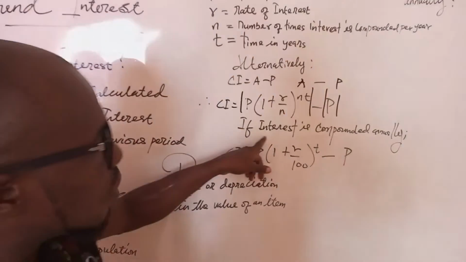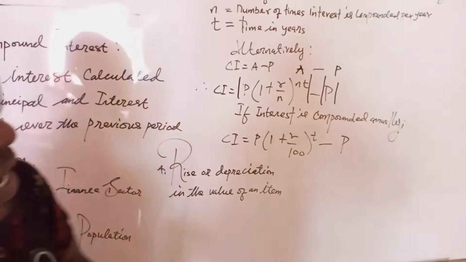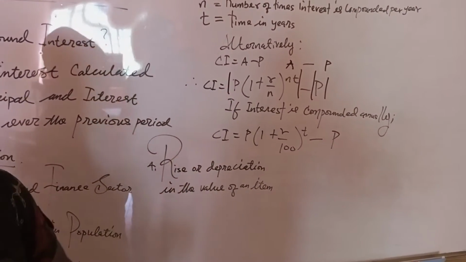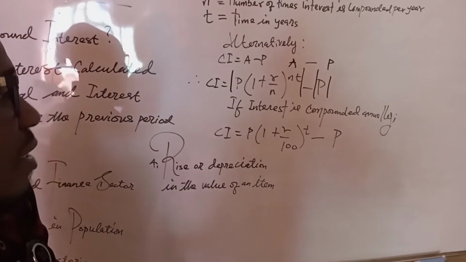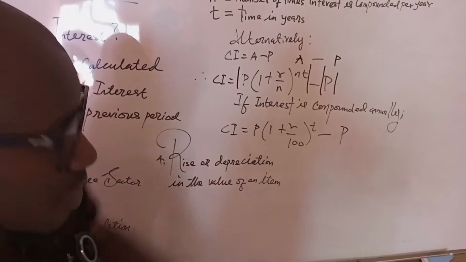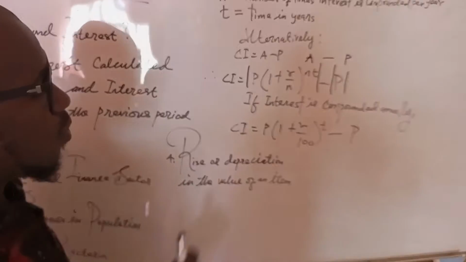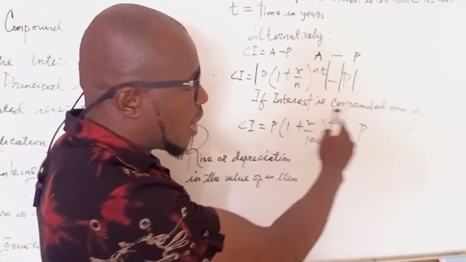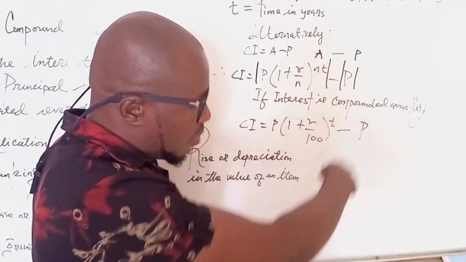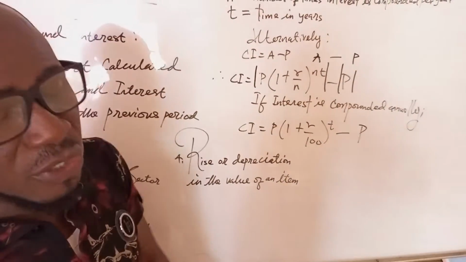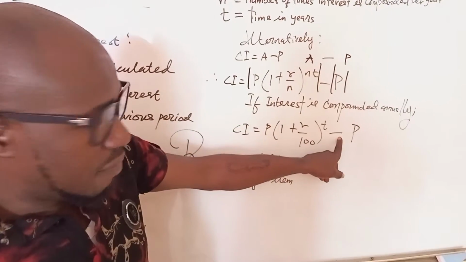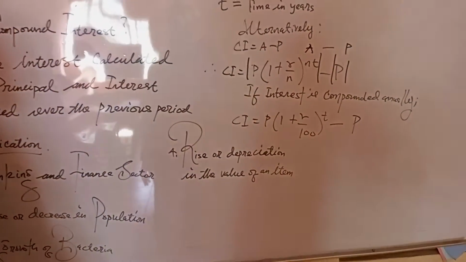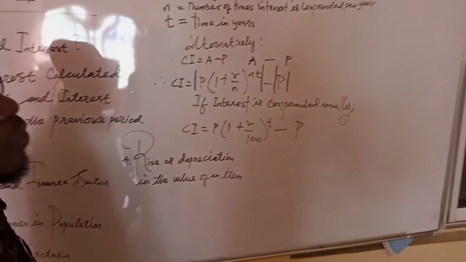If your interest is compounded just once in a year, that is annually, then the compound interest is equal to P, open bracket, 1 plus R over 100, close bracket, raised to the power T, minus P.